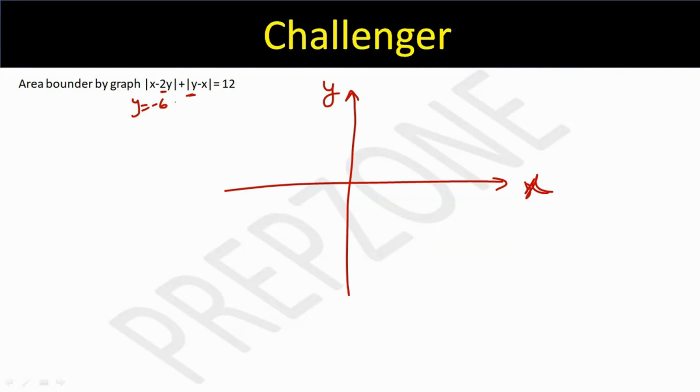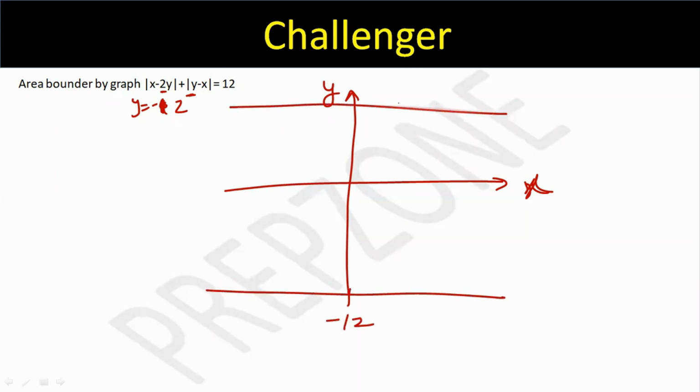Y will be plus 12 or minus 12? Minus 12, right? Okay, so we have a line here. Similarly, by symmetry, we'll have a line there as well, plus 12. Then let's take x came as 6, if we take y 0.